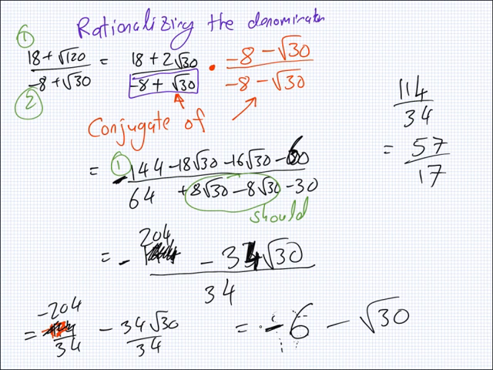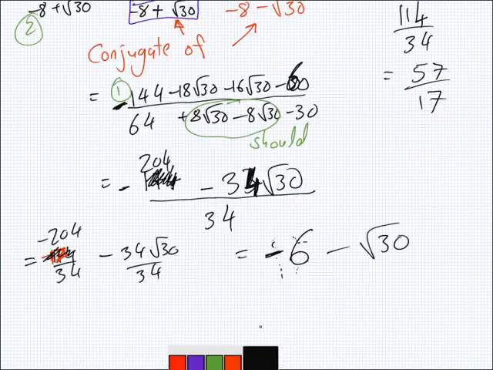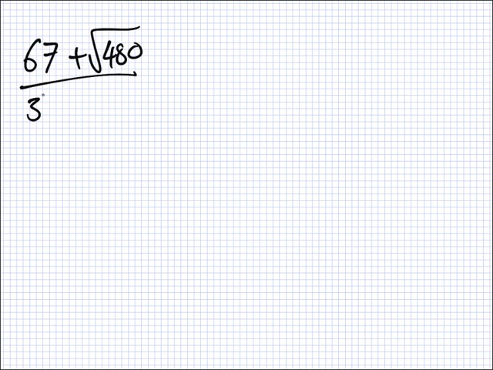Okay, so let's do this one together. We'll do the bigger numbers. 67 plus root 480 over 31 plus root 750.